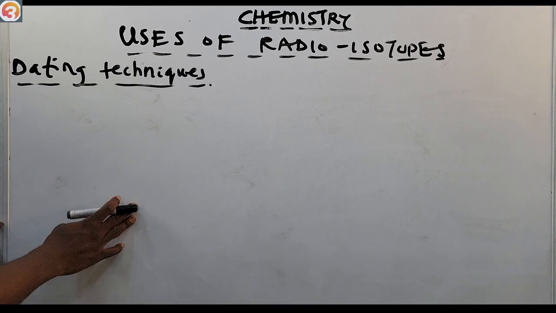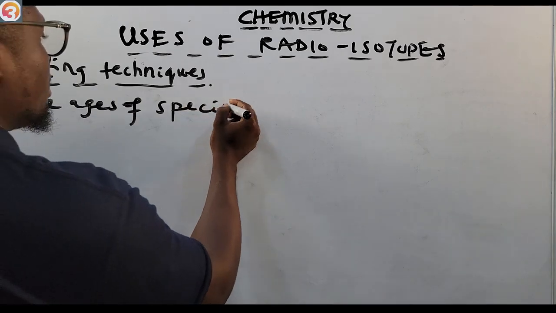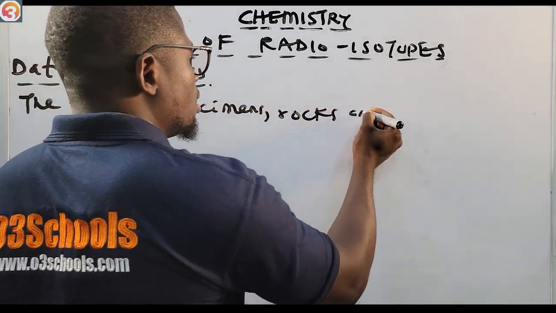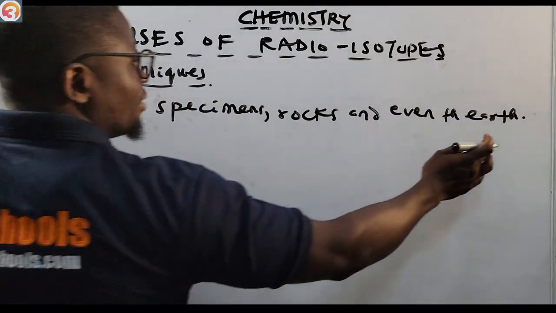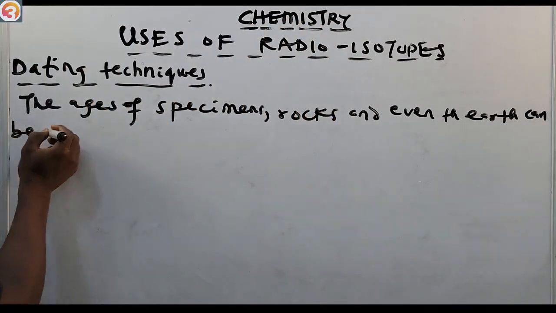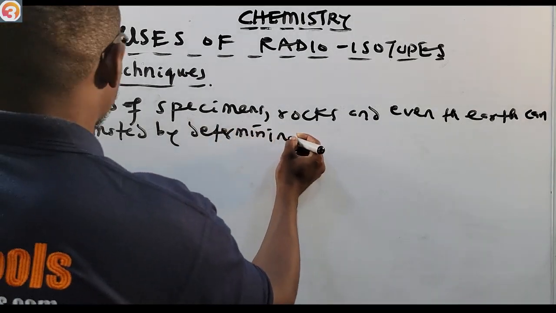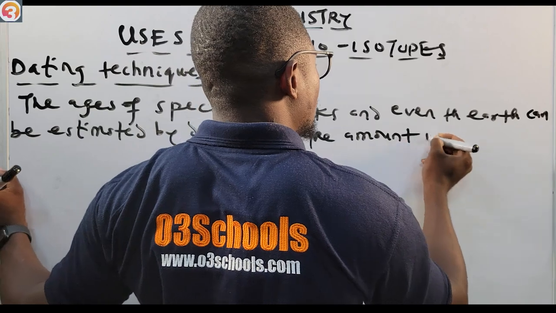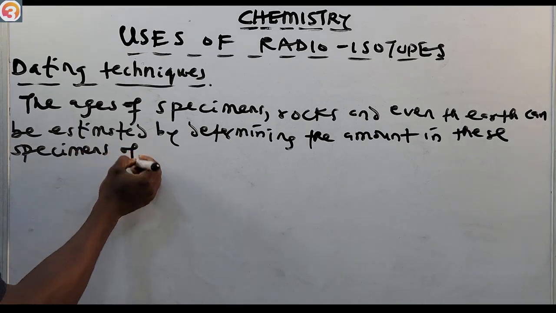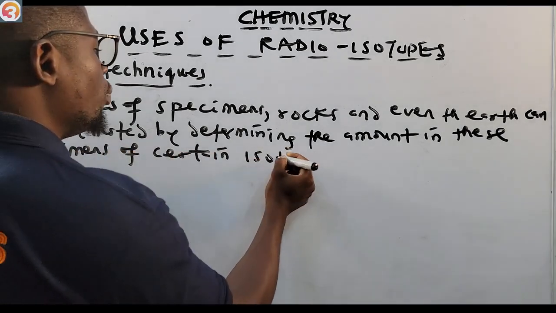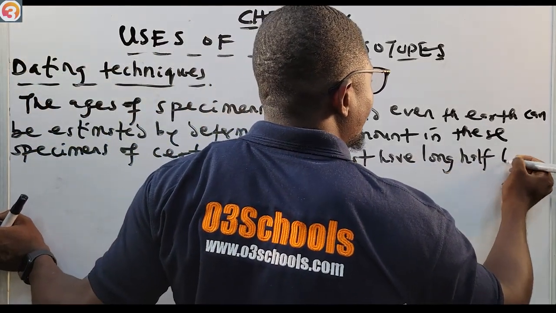So the ages of specimens, rocks, and even the earth can be estimated by determining the amount, in these specimens, of certain isotopes that have long half-lives.